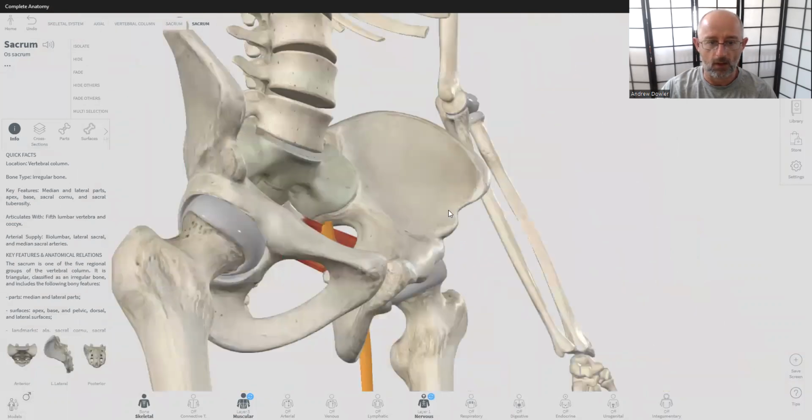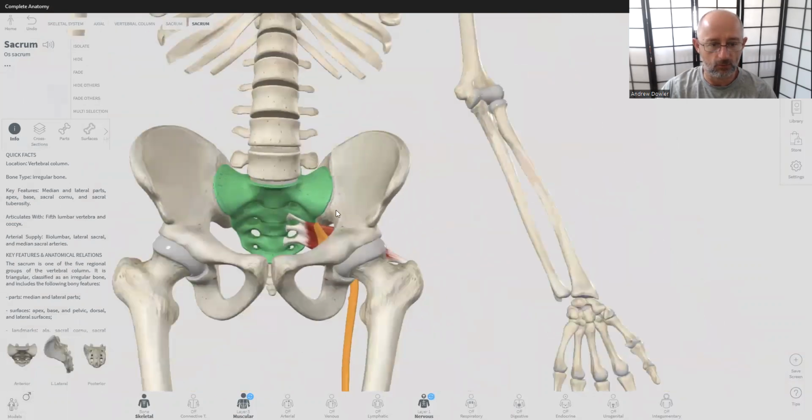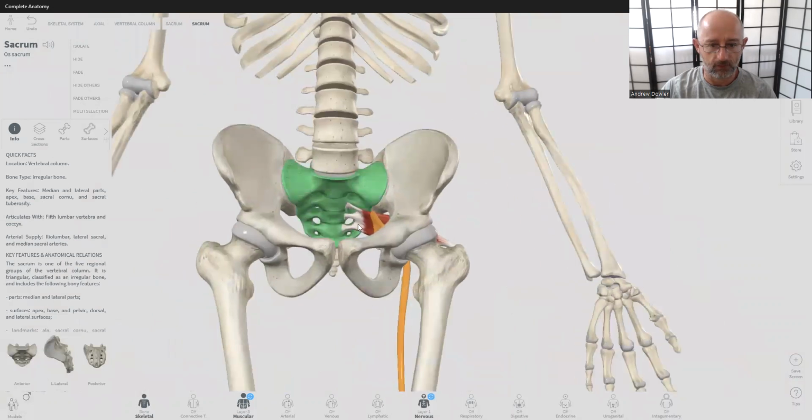So whenever you move the pelvis, you're going to move the sacrum, because the sacrum has a little bit of movement. We used to think it was fused together, but now we understand it's got a little bit of movement. But essentially, it's one big bony structure or one big girdle. So when you move the pelvis, you move the sacrum.